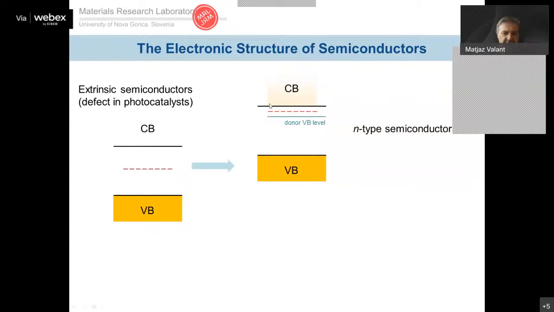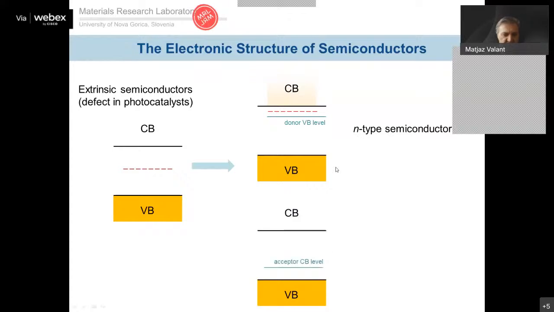So we will have an increasing number of states inside the conduction band due to this donor level being close to the conduction band. And for that reason, here we get predominantly electrons conducting. So we can call such doping n-type doping and such a semiconductor an n-type semiconductor.